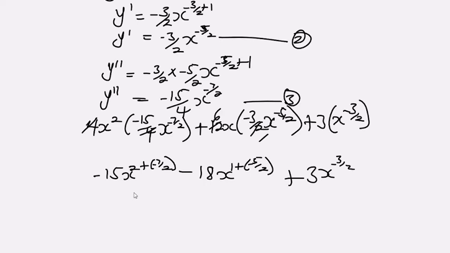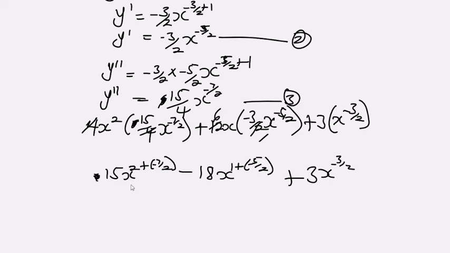Okay, sorry, negative 5 times negative 3 will give us positive, sorry, so this one, the negative is not there.